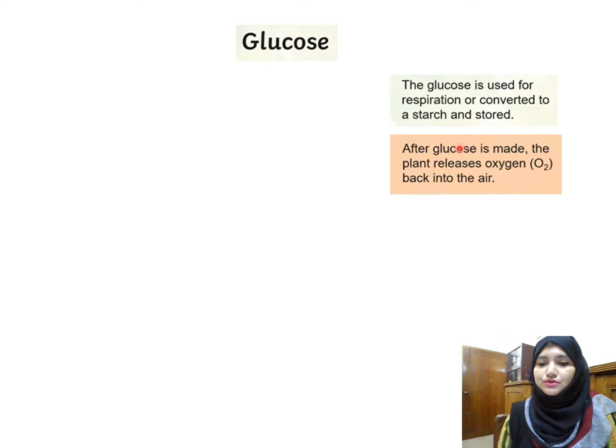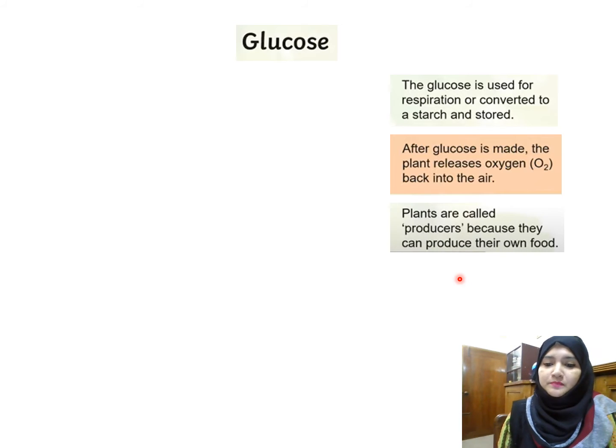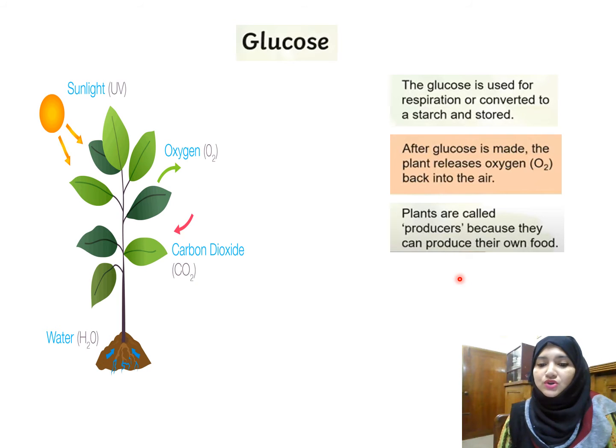And after glucose is made, the plant releases oxygen back into the air. And that's why plants are called producers, because they can produce their own food. Look at this picture.